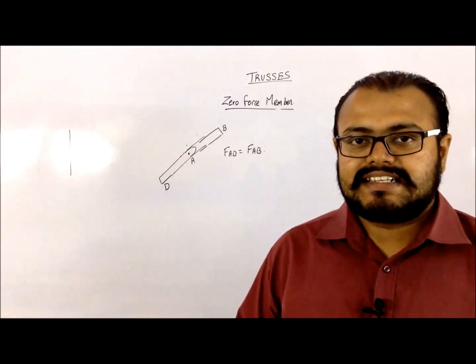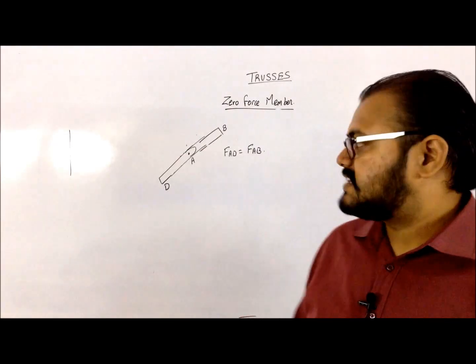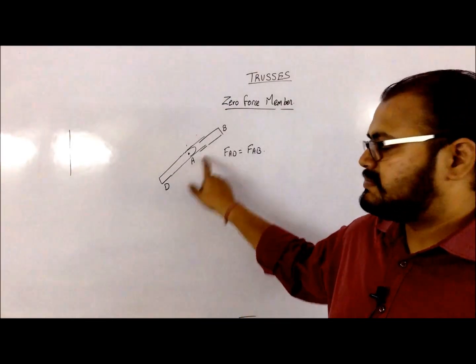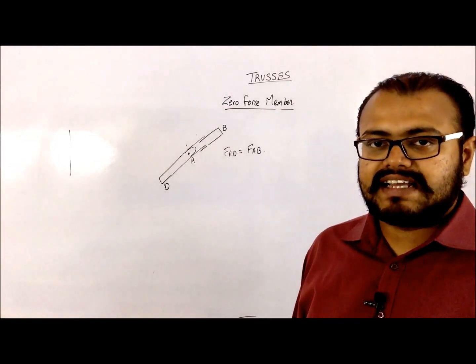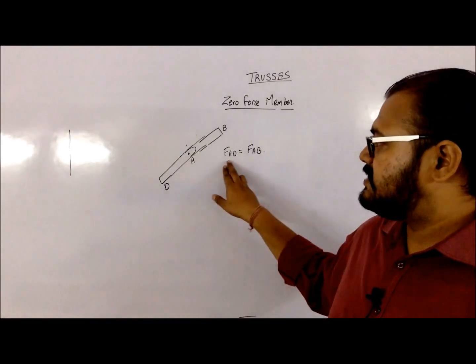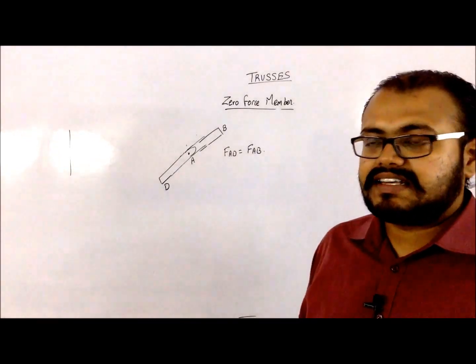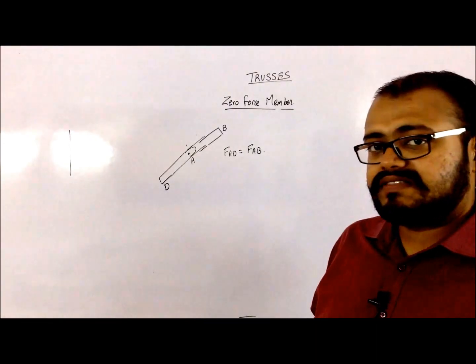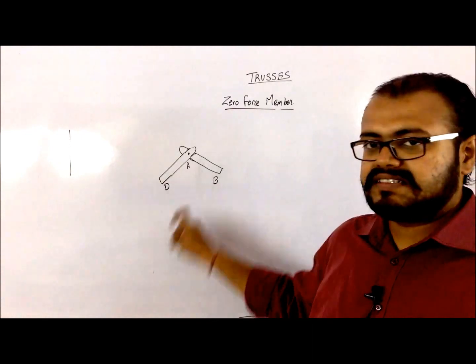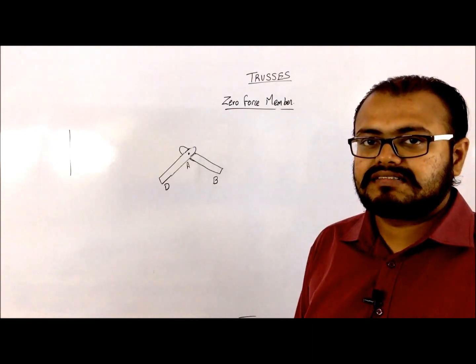To consider the next type of zero force member, let us try to understand this particular case in which I am having only 2 members which are connected to this joint and they are in linear fashion with each other. So again we will have the same equation, that is FAD is equal to FAB. Now in this case you can see that the members are making an angle with each other.